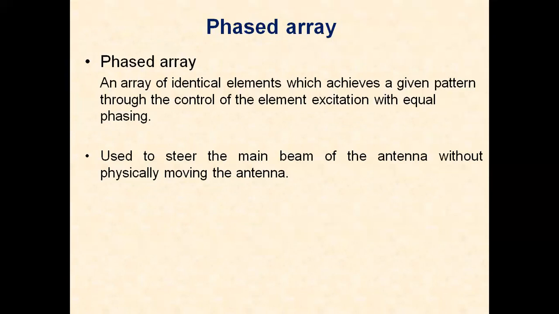It is used to steer the main beam of the antenna without physically moving the antenna. The main advantage of a phased array is that there is no need for antenna tracking or movement of the antenna. We can adjust the main beam, particularly for aircraft, to send signals from the aircraft to the ground station. So we can make use of phased array radar systems, where we steer the main beam of the antenna without physically moving the antenna.